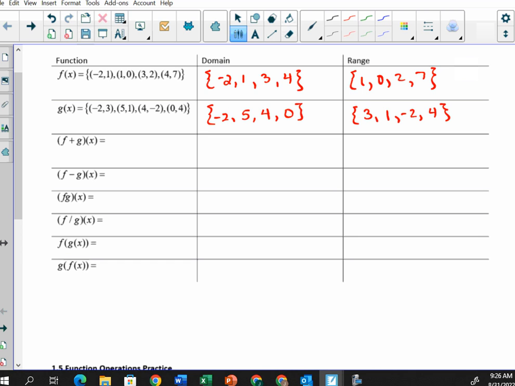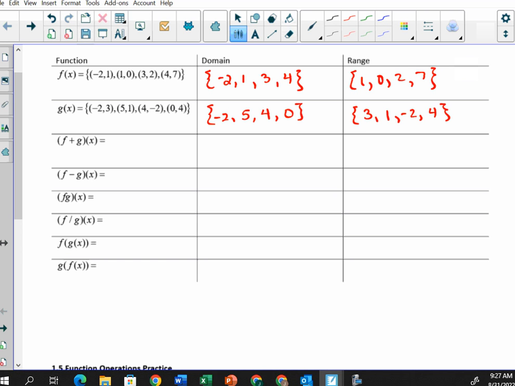All right, f of x plus g of x. We know how to add functions when it's an equation, but it's a little weird when you just have points. So what you have to do is look to see if any values in my domain overlap. If they do, then I can add those y values. Let me show you the first one.